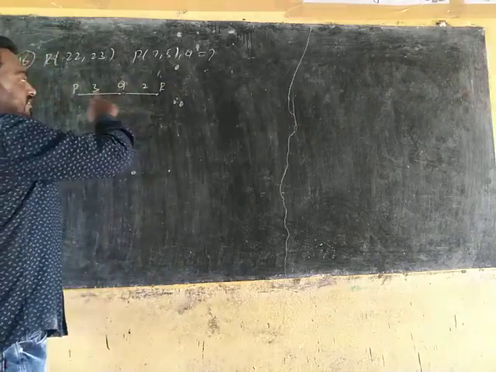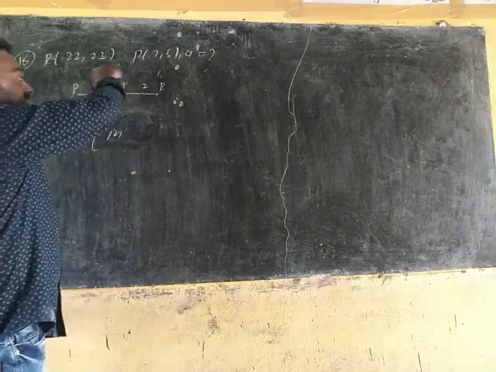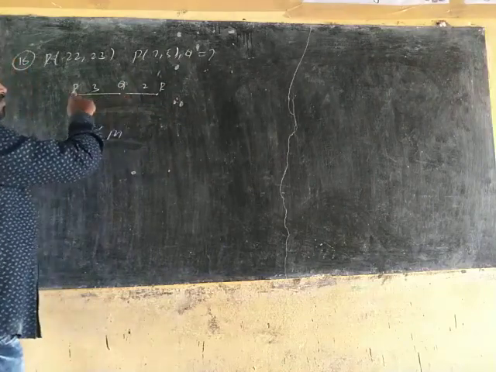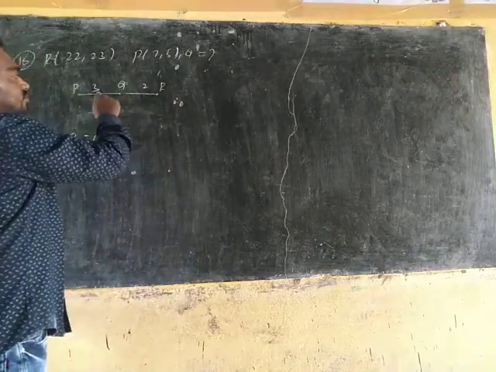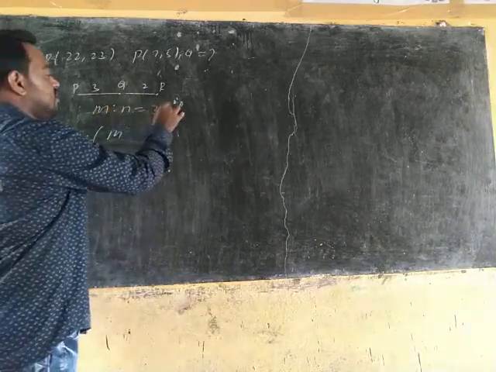Q lies on the line. So Q divides PR in the ratio 3:2. So here m:n is 3:2.